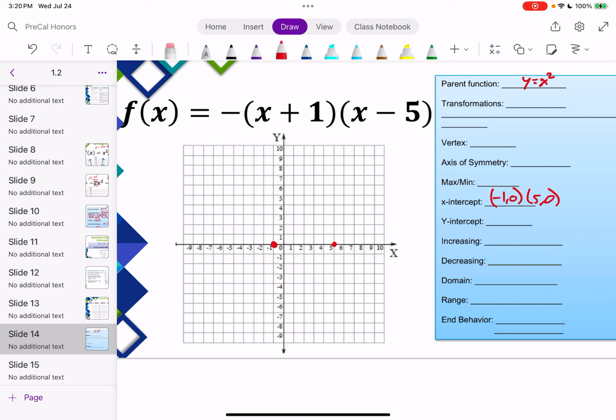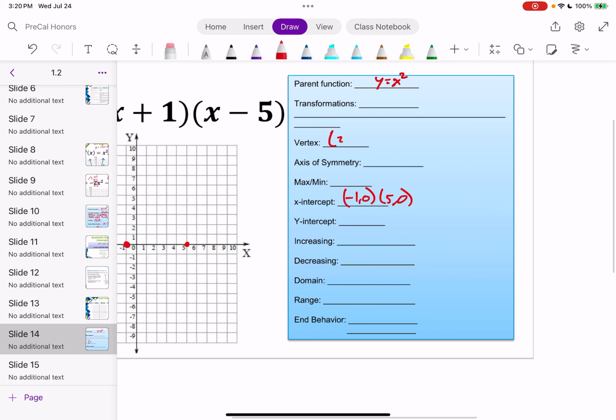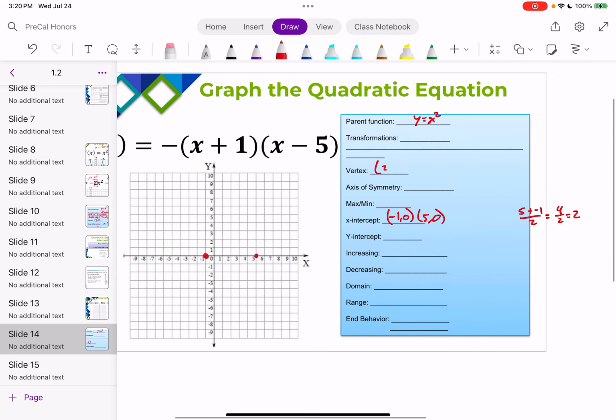From there, we can start determining what our vertex is going to be. Keep in mind, 5 plus -1 divided by 2, 4 divided by 2 is 2. We go ahead, we plug 2 back into our equation. 2 plus 1 is 3. 2 minus 5 is a -3.